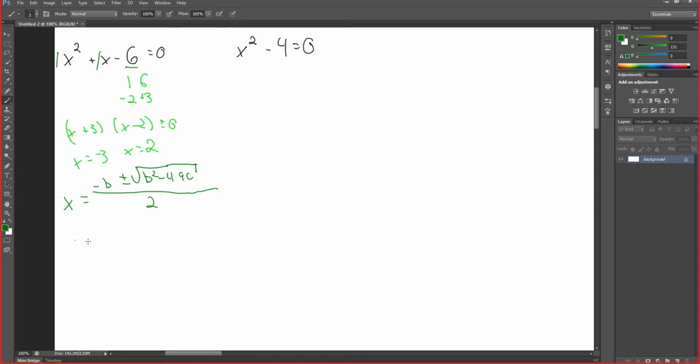I'm going to run through this right now to remind us. So this is negative 1 plus or minus the square root of 1 squared minus 4 times 1 times negative 6, all over 2. So x is equal to negative 1 plus or minus the square root of 1 plus 24.